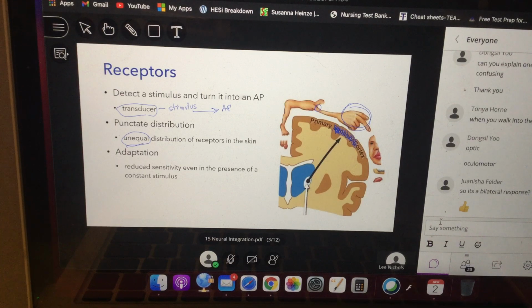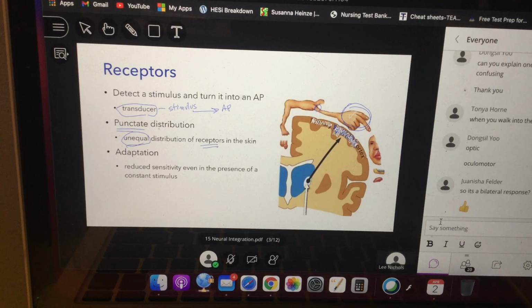Look at all this space in your sensory cortex of your brain dedicated just to the sensation of your hands, as opposed to about an equal amount of space, or maybe even a little less, for your whole arms and forearms. So we would say your hands are more sensitive because they actually have a lot more receptors in the skin of your hands than the skin of your arms.